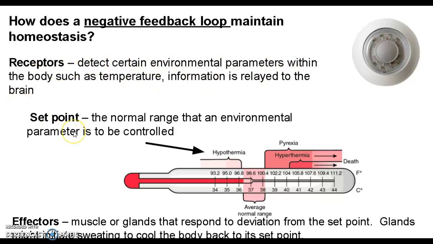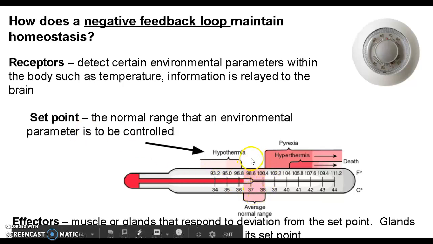The set point, this is the normal range that an environmental parameter is controlled. So, for example, human normal body temperature is about 98.6, and that's where homeostasis is going to keep us.